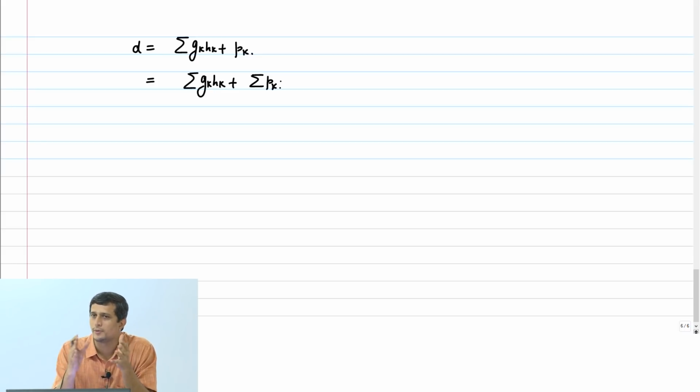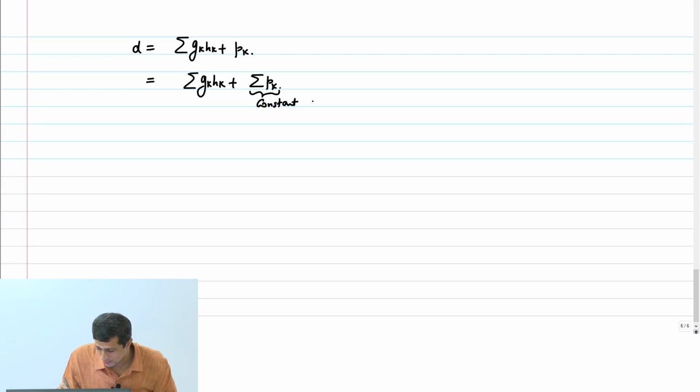Now this summation Pk is independent of my gate sizing. Parasitic delay is independent of gate sizing. So therefore this is a constant number. And I will call this the path parasitic effort.